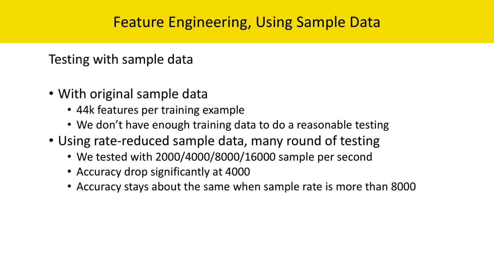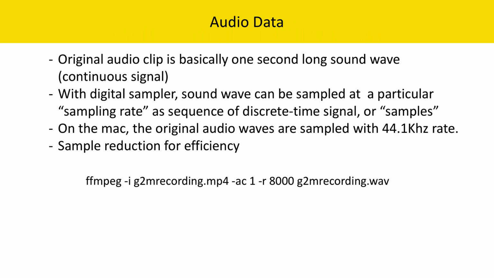The other question I have is, when you sample here, are you just uniformly sampling the frequencies? When you downsample to 2,000 from 16,000, you're just interpolating the 2,000 samples. Is that correct? Actually, I don't know.